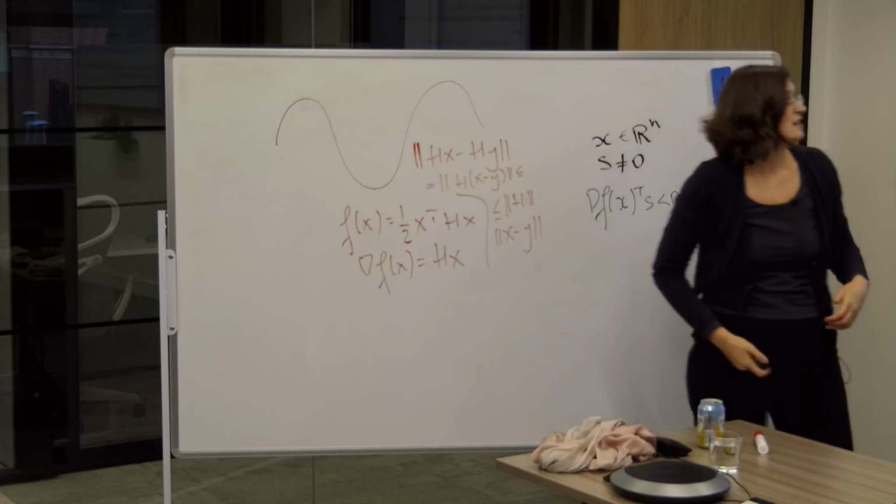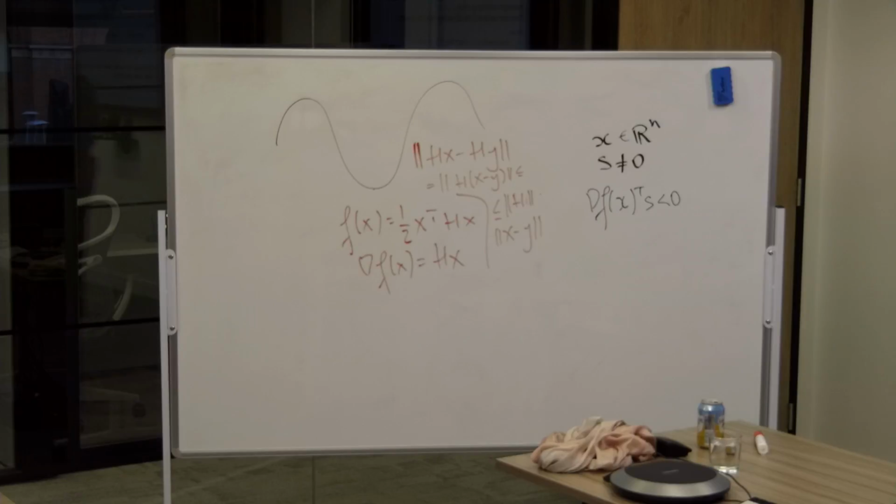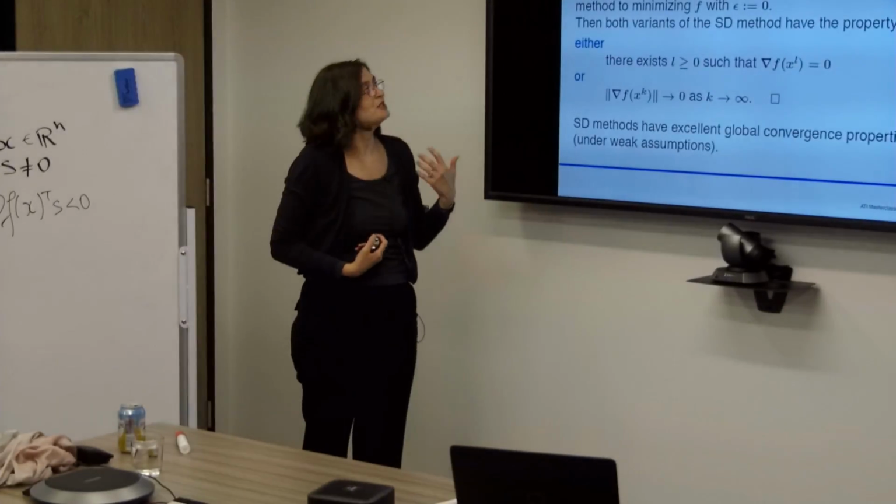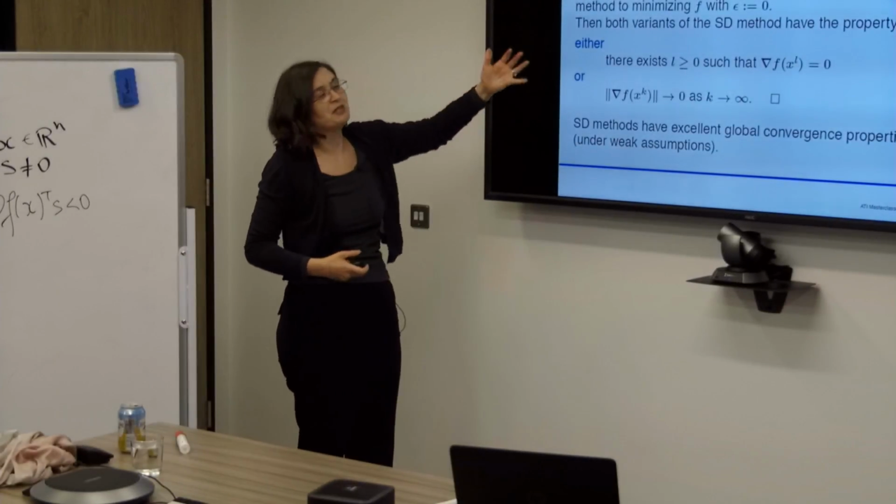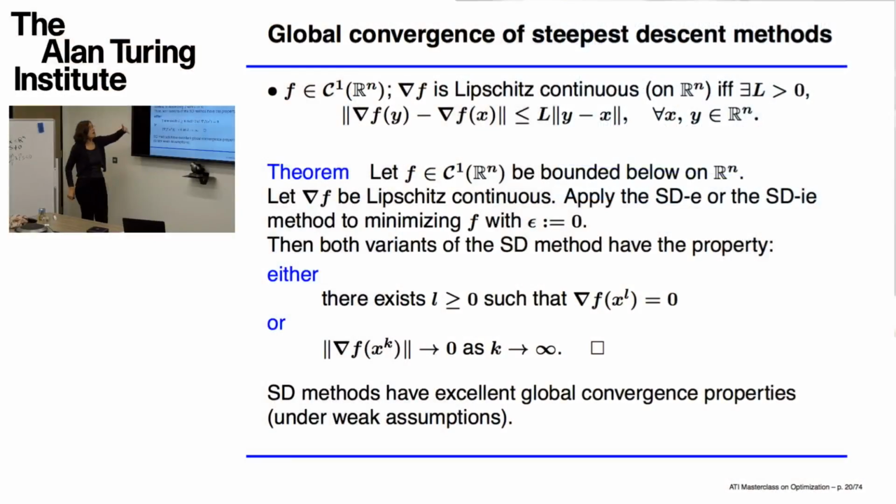Okay, so all those functions satisfy it, and in fact there are many functions for which this is true. For example, if the second derivative matrix is bounded on Rn, then this is always true. It's the same kind of thing. So in that case, steepest descent is globally convergent.